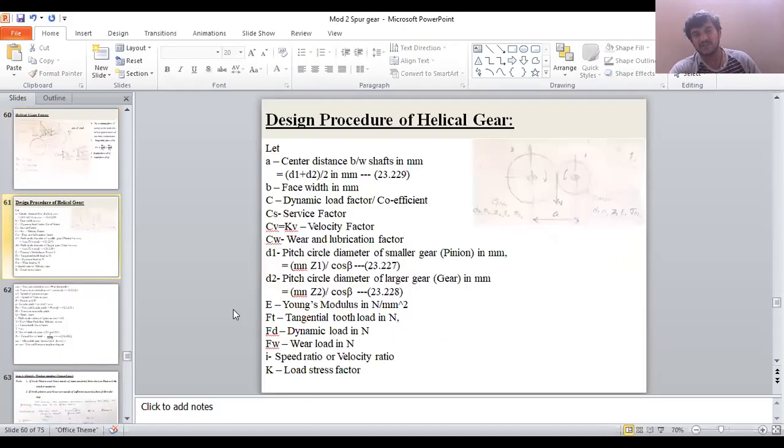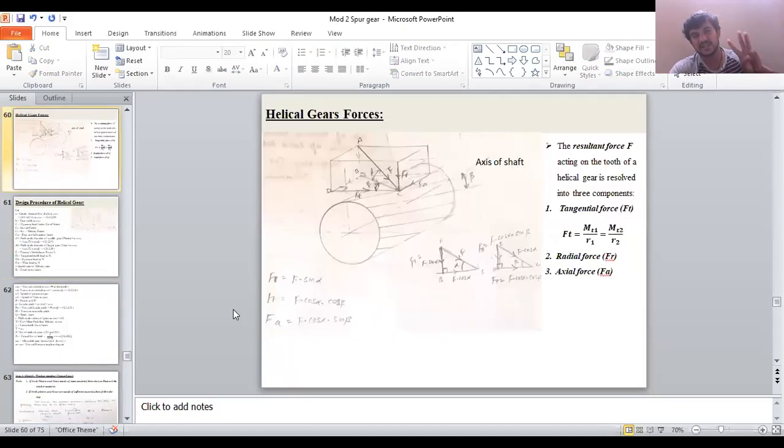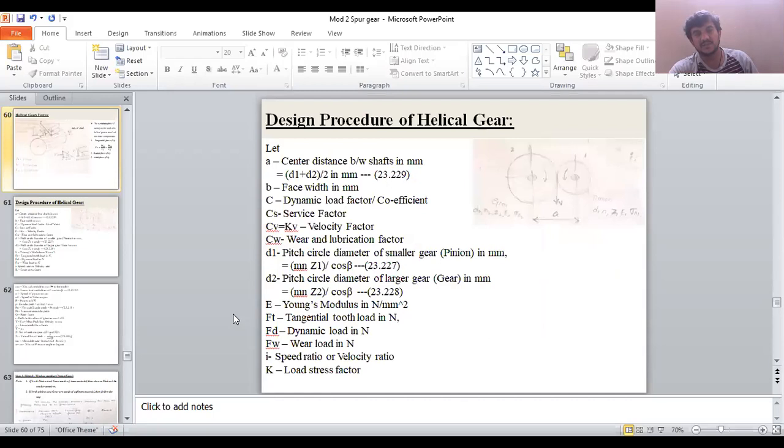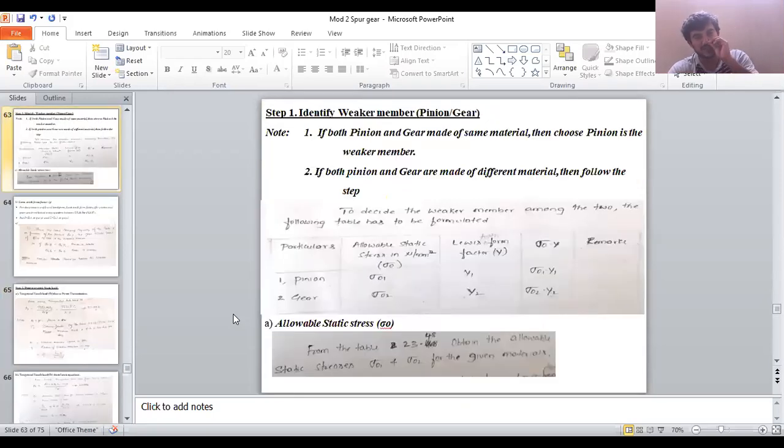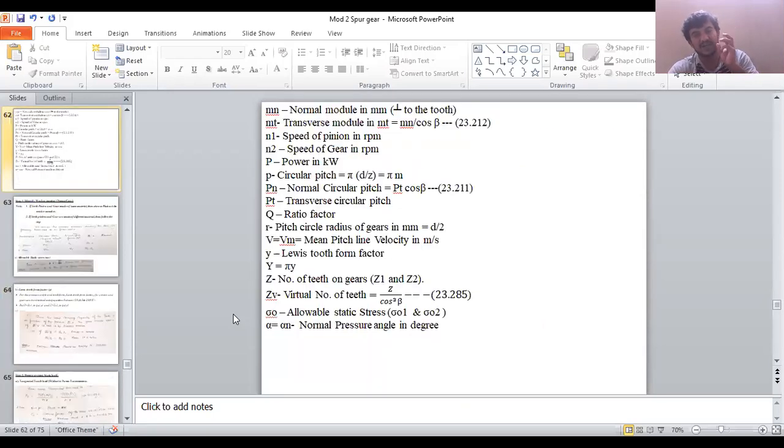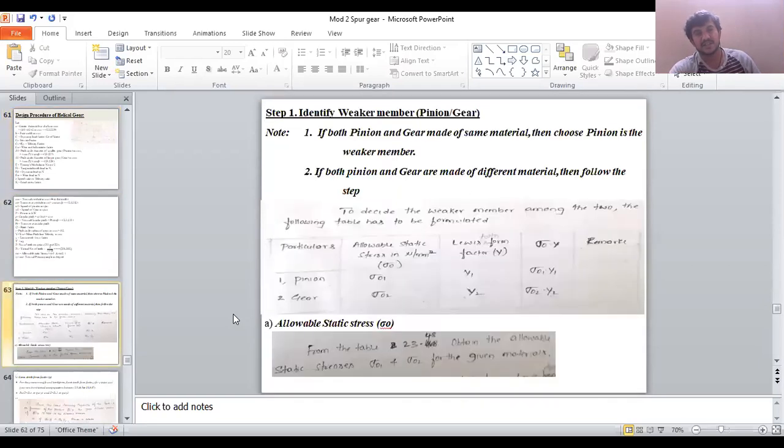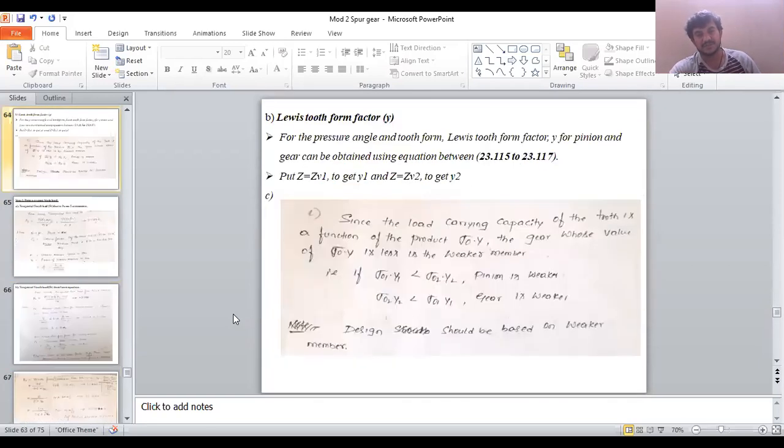Next, what are the forces acting on the helical gear? There are three forces: one is the tangential load, second is the radial force, third is the axial force. And these are the terminologies and nomenclature used in the design procedure of helical gears. Next, the 5 steps.